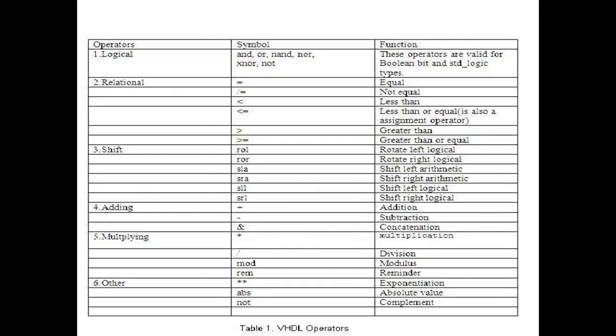If we write A and B, then those two arrays of bits are concatenated to each other. So to concatenate two arrays of bits, we use the ampersand symbol. Similarly, for addition, we use plus, and for subtraction, minus. These are adding operators.